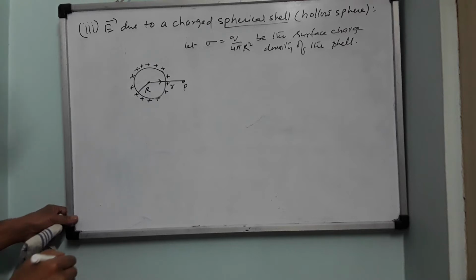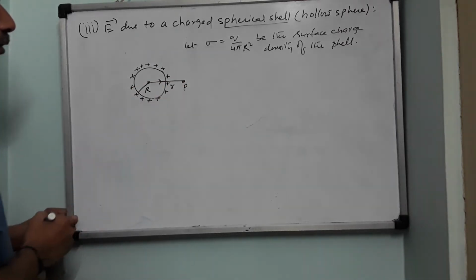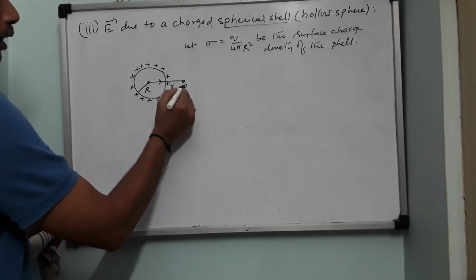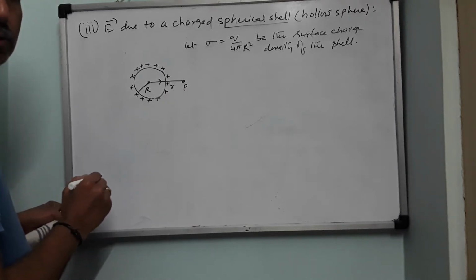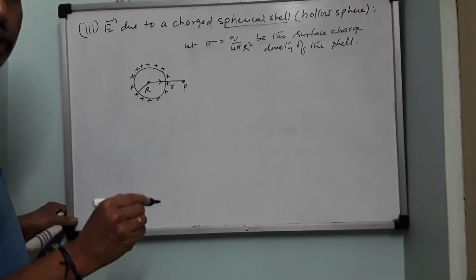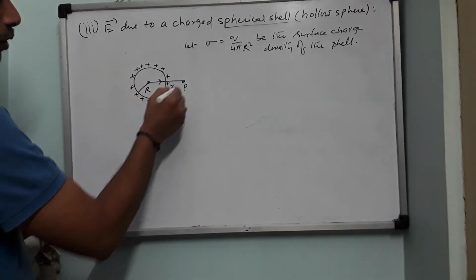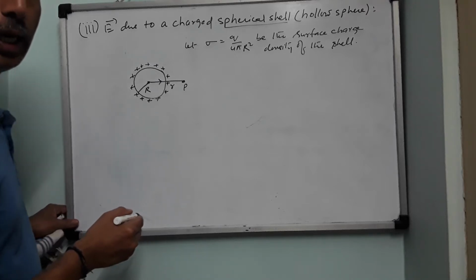To calculate the electric field at point P, we have to construct a Gaussian surface. It should not only enclose the charge distribution, but also enclose the point of interest where we are calculating the electric field.